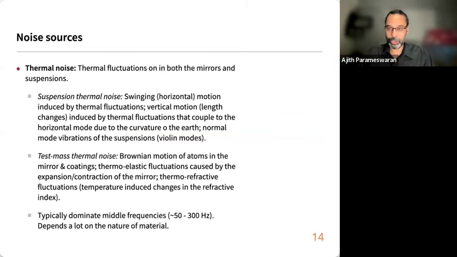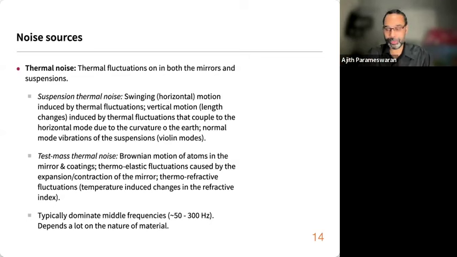This is because all these are at some finite temperature, and there are various thermal fluctuations on the substrate of the mirror, as well as the coatings that are used to reduce the absorptivity of these mirrors. The thermal noise of the mirror, the coating and the suspensions is also a limiting noise at these intermediate frequencies.